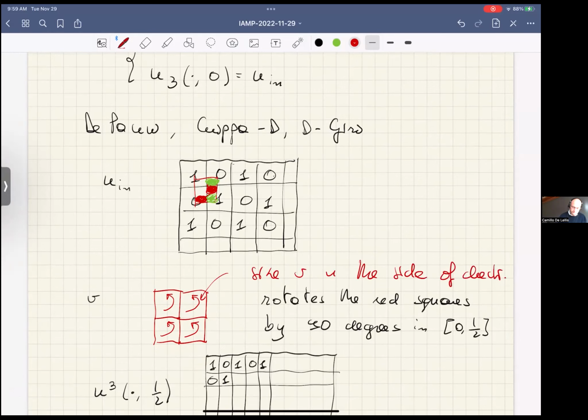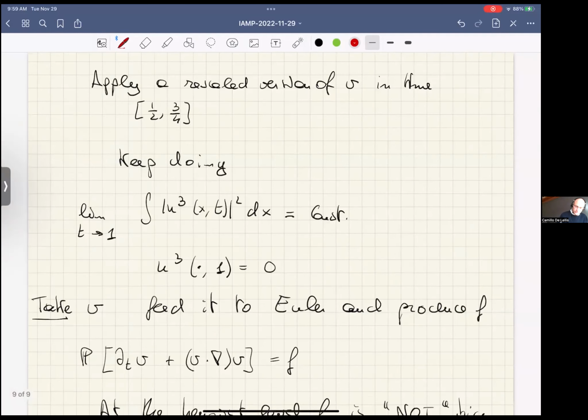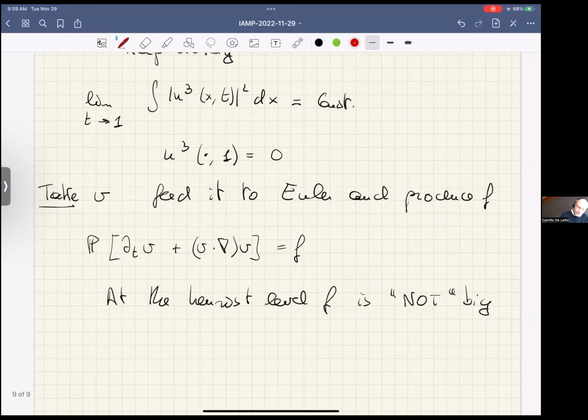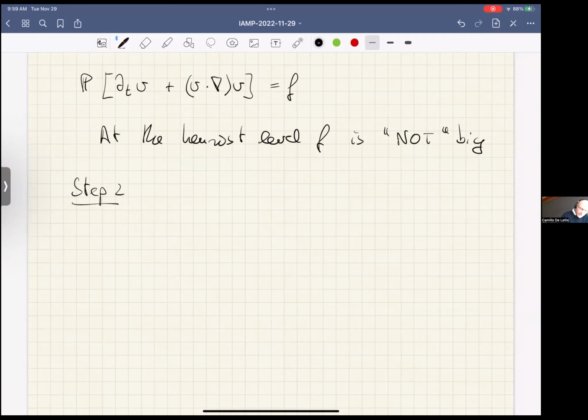So now what I argue, what really goes into the proof for step 2, is that this vector field V, in the jargon of transport equations and PDEs, is said to be mixing. Now, I don't really need V to have this huge jump.